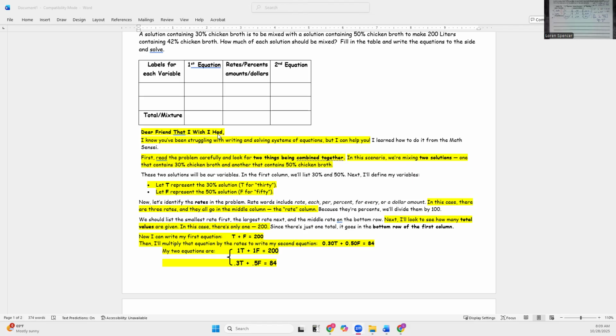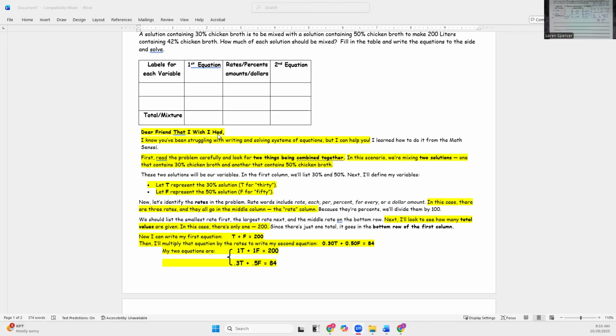So it says, Dear friend that I wish I had. Well, you can write it to any friend that you want. You can write it to Bob or John or Mr. Smith or your previous math teacher or Santa Claus. It really doesn't matter. I know you've been struggling with writing and solving systems of equations, but I can help you. I learned how to do it from the Math Sensei. You don't have to put that because it's not highlighted.